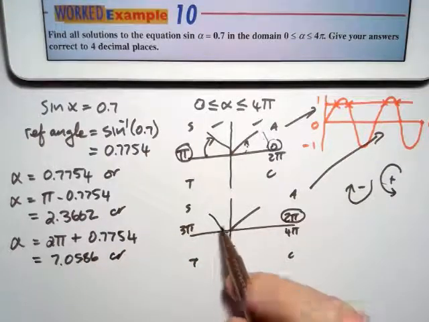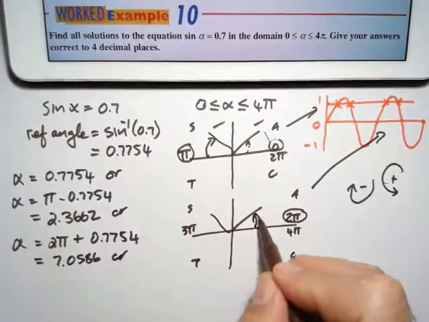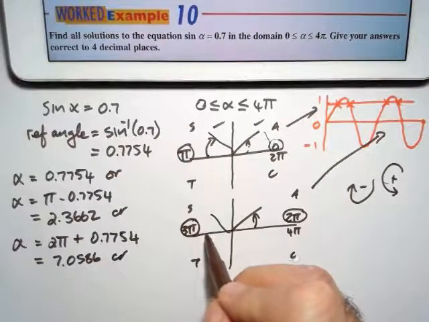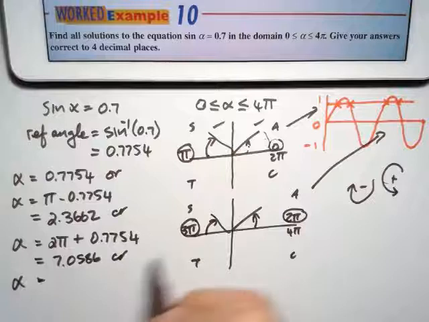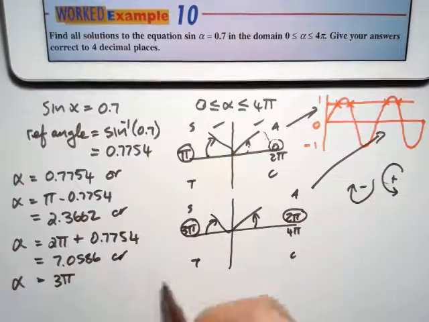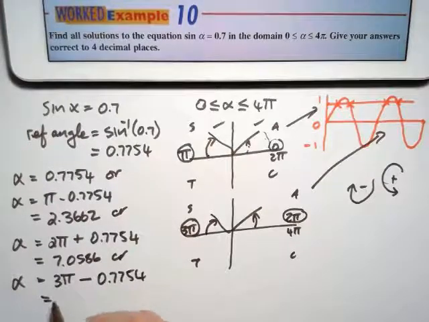Or I have the fourth one, starting at 3 pi. How do I get there from my x-axis? That one was 2 pi plus. This one will be 3 pi going in the negative direction. So alpha will be 3 pi minus 0.7754, and that will give me an answer of 8.6494.